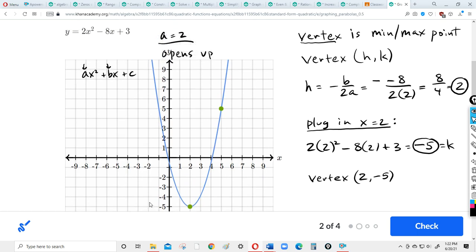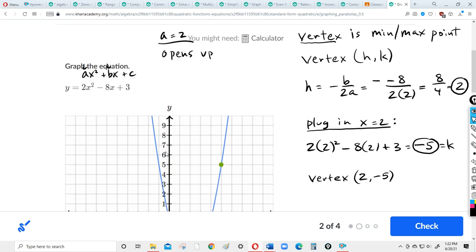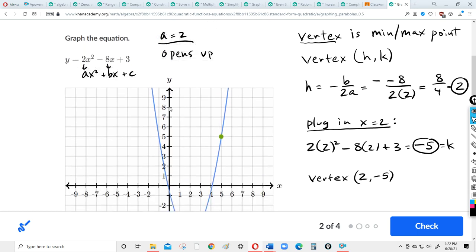Remember, for the y-axis, this whole axis is x equals 0. So if you plug in x equals 0, you can get the y-intercept. So plug in x equals 0.